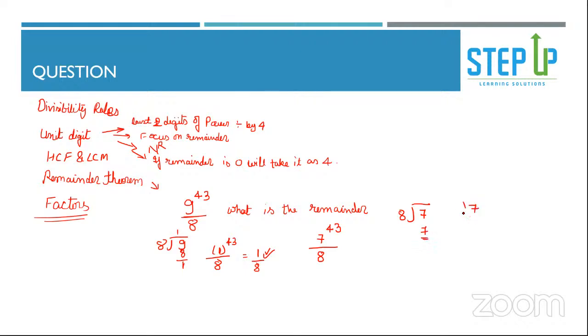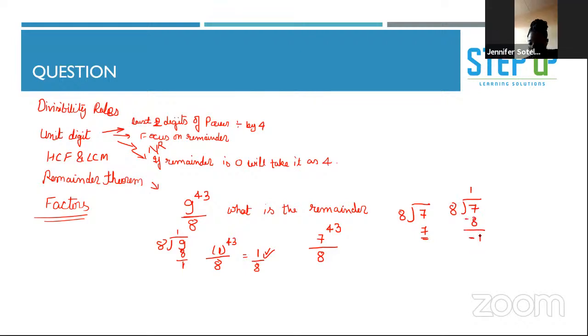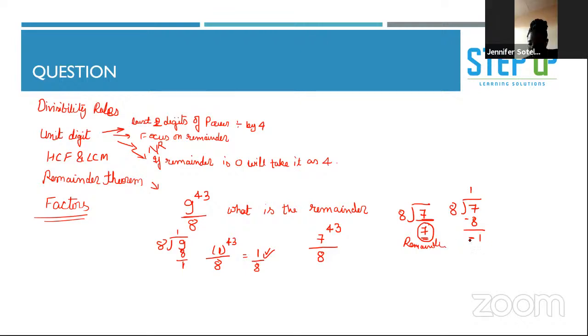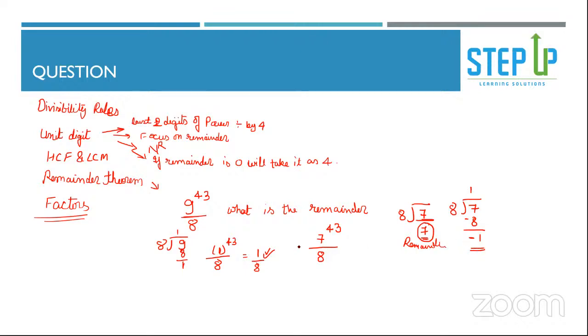Yesterday I did not tell you how it would be -1: 8 ones are 8, and if you subtract it, it gives you -1. So when 7 is divided by 8, the remainder is either 7 itself or -1.